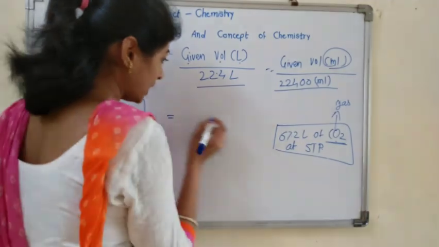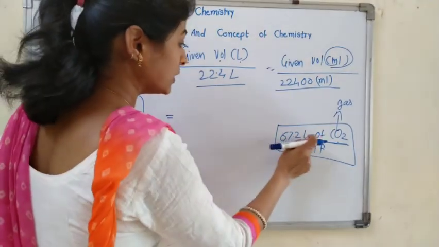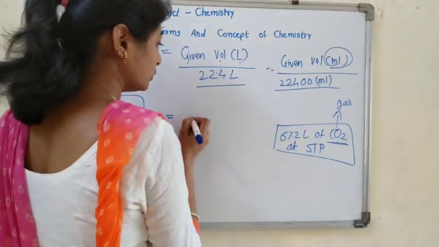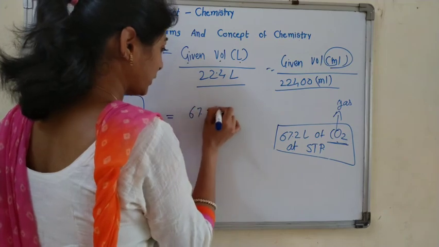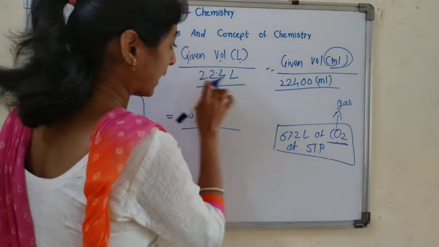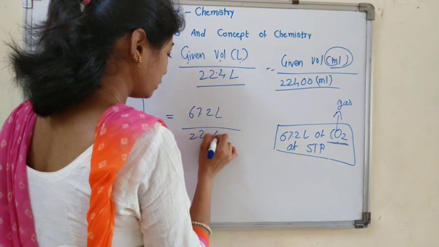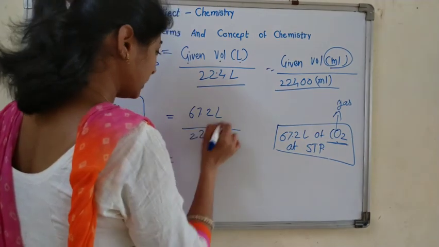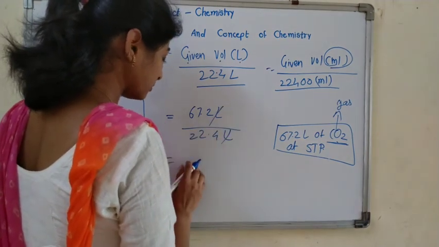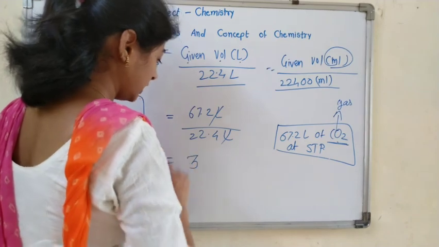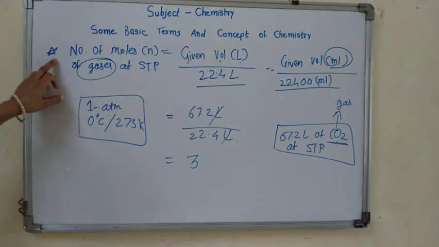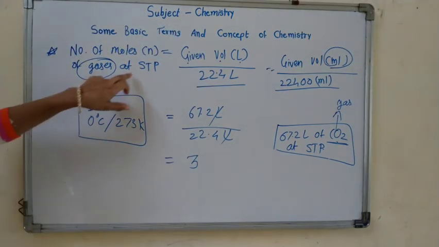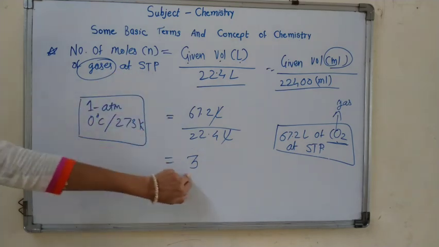Here the given volume is in liter, so we take 67.2 liter divided by 22.4 liter. It will be equal to 3. The number of moles of CO2 at standard temperature pressure is 3.